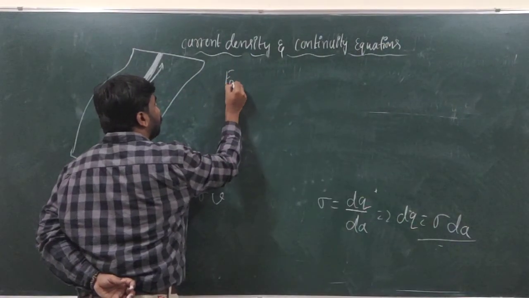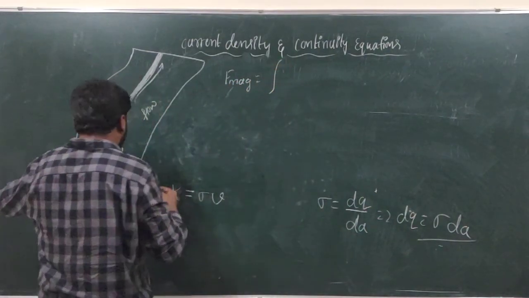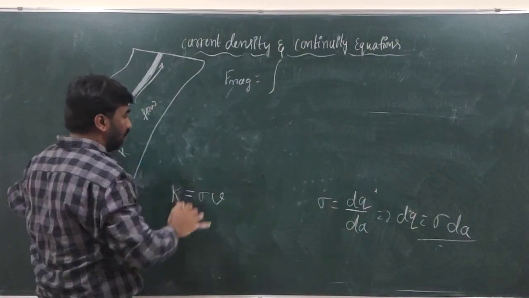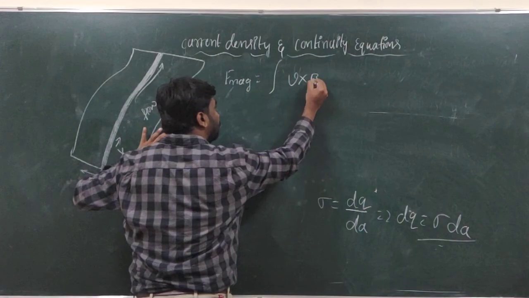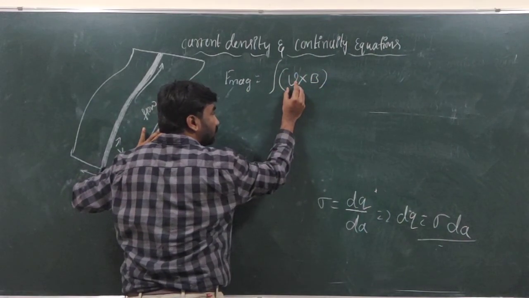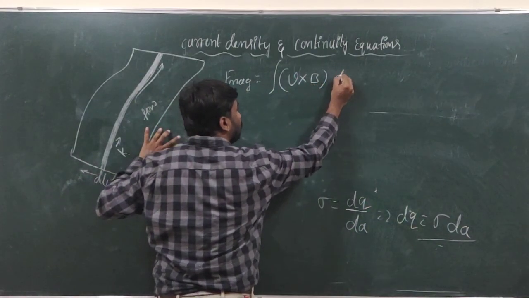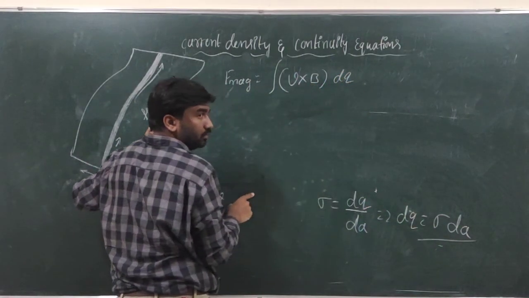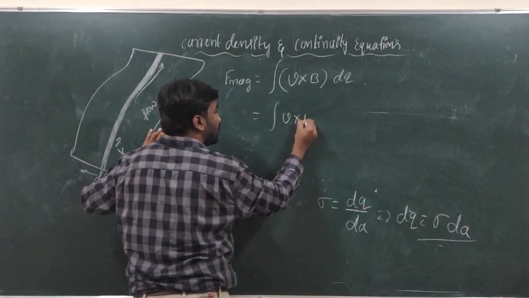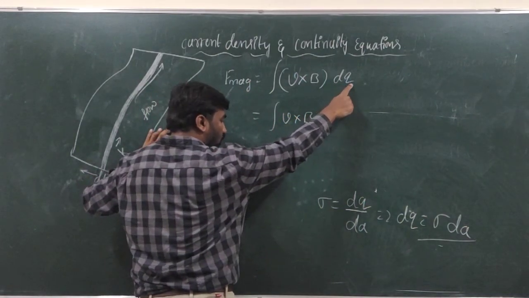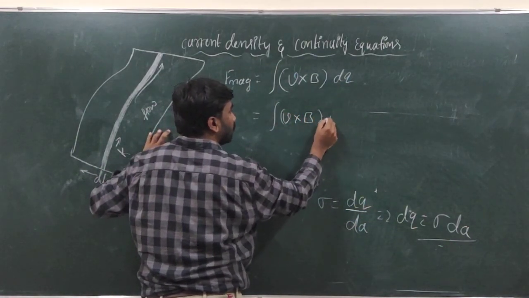F magnetic force is equal to the integration over a surface of V cross B into dq, which is equal to the integration of V cross B, where dq means sigma into dA.